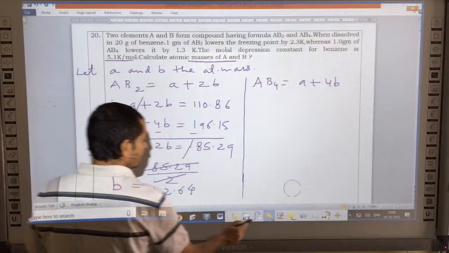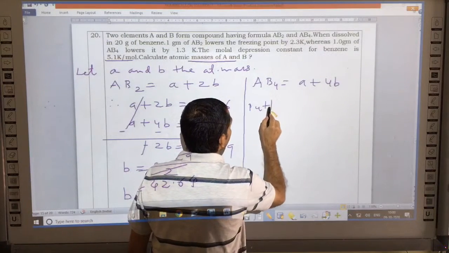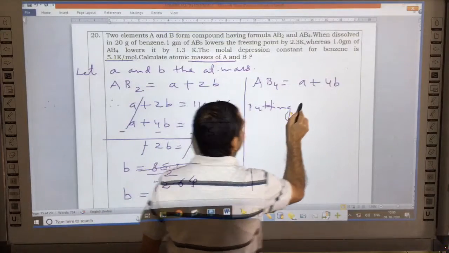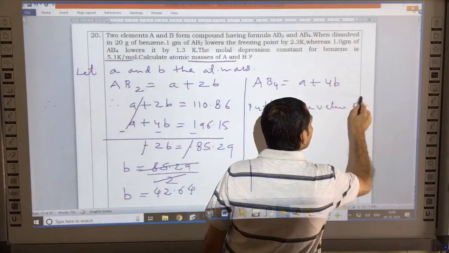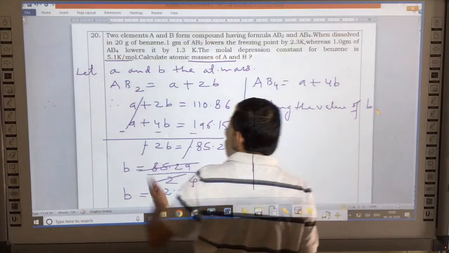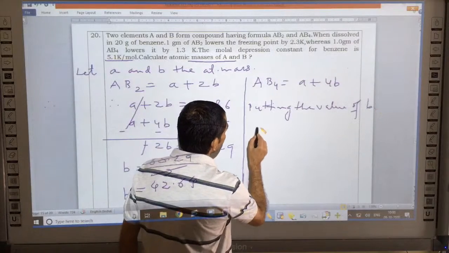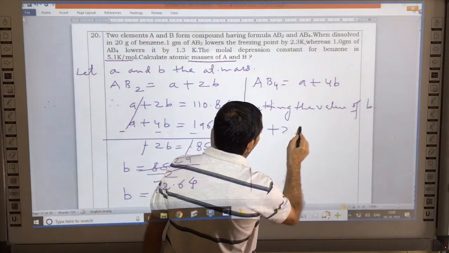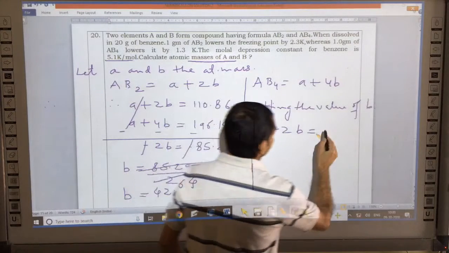Putting this value in an equation, put the value of B. Suppose I am putting this in the equation A plus 2B is equal to 110.86.